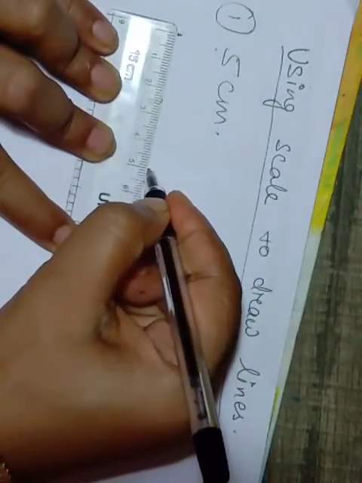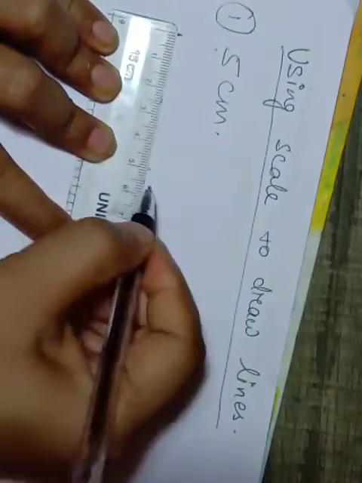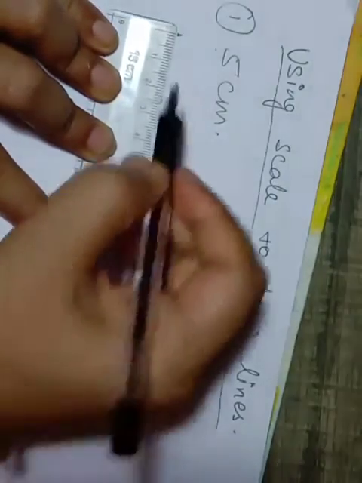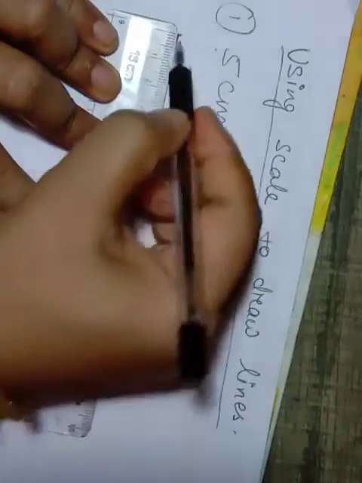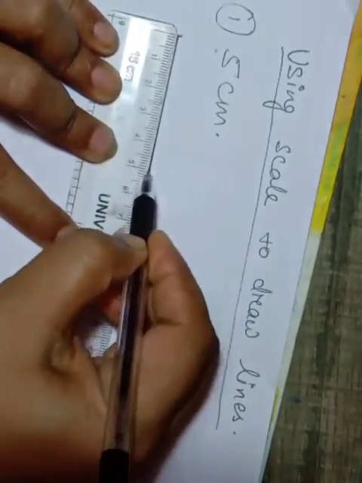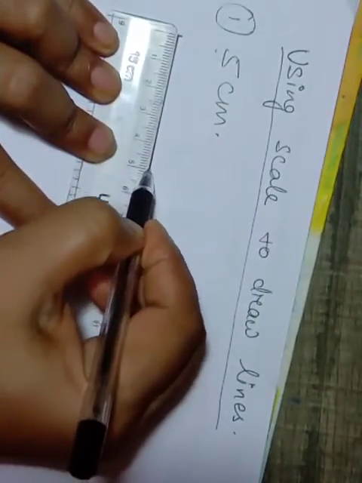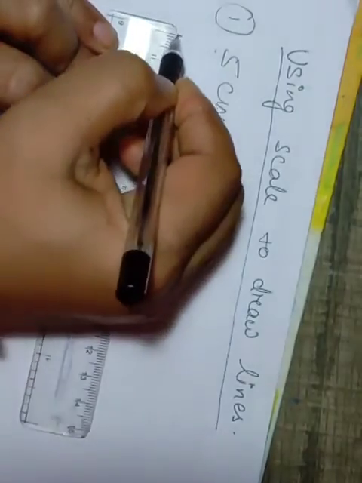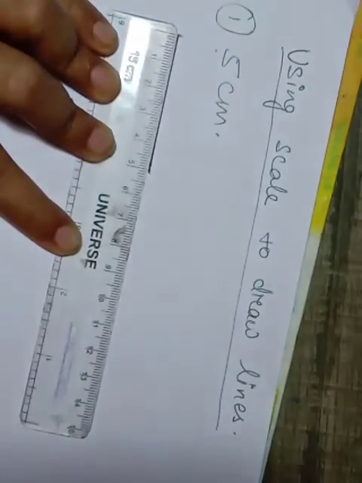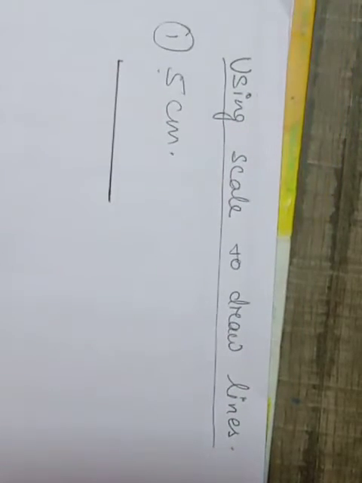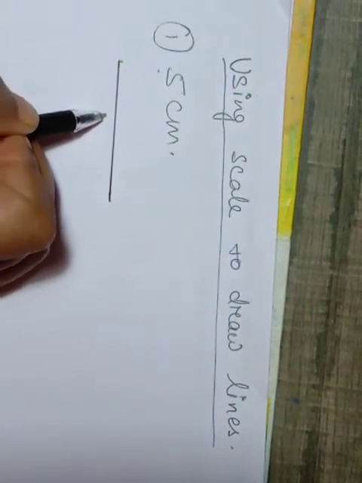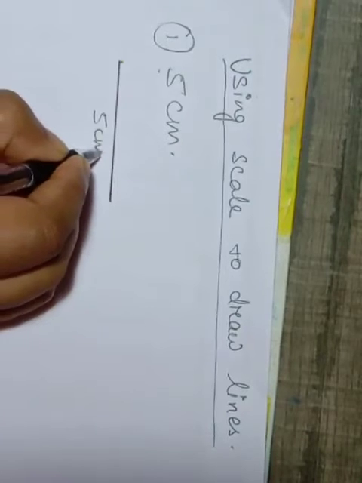This is 5 centimeter. Now I will make a line. I'm using a pen here so that it is more visible, but when you do it, you will have to use a pencil. Drawing with a pen is not correct. So this is 5 centimeter.